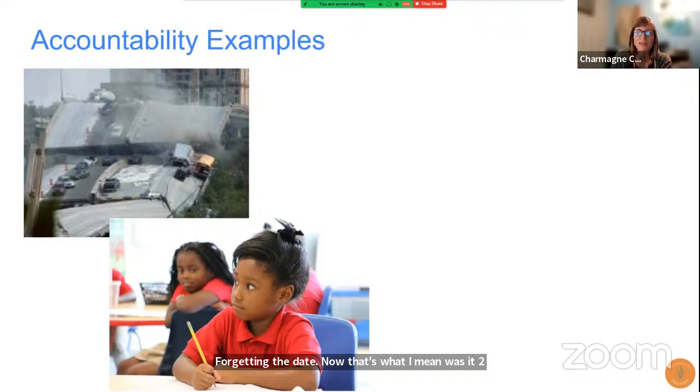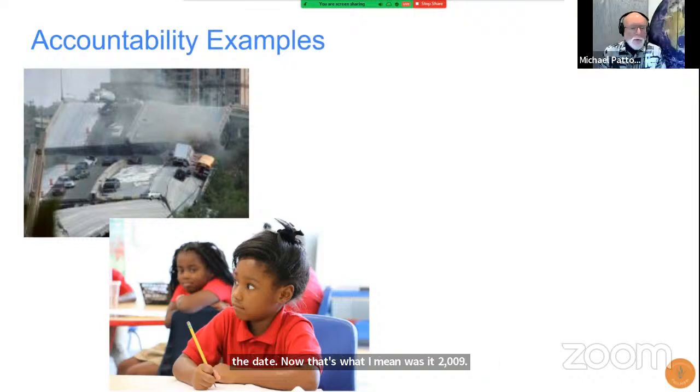I think it was 2008. At rush hour. And there was a major investigation afterwards to find out why the bridge collapsed. 13 people died. It's a huge disaster for this metropolitan area.